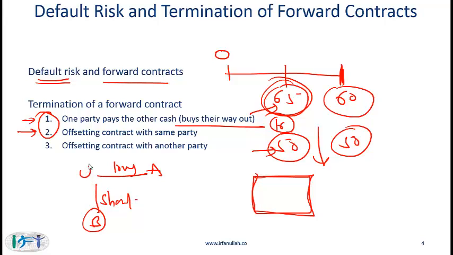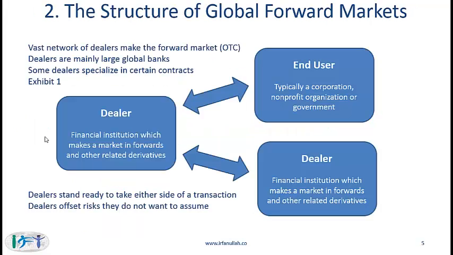So as far as you are concerned, your situation or your contracts are offset, because with A you are long, so A is going to deliver the asset to you, and with B you are short, so you are in a contract to sell that asset to B. But with this situation there will be credit risk, because you have a contract with 2 separate parties. With scenario 1 and 2 there is no credit risk.